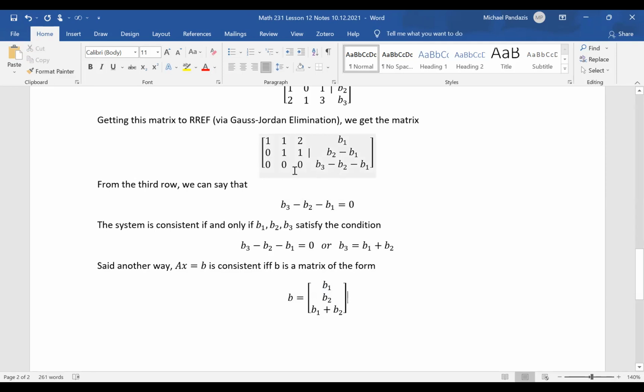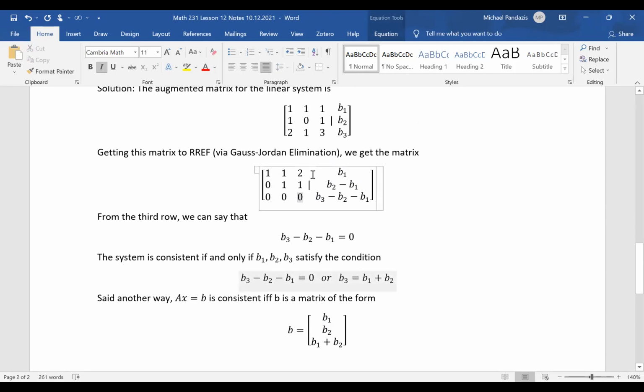Because we have this third row here, you need the left side to equal the right side. And so that expression b3 minus b2 minus b1 has to equal 0 in order for this system to have solutions. The solutions of this linear system are the same as the solutions of this one, because we only used elementary row operations via Gaussian elimination.